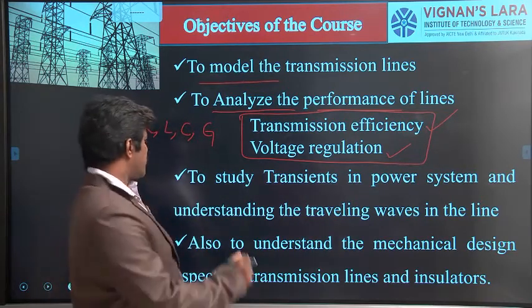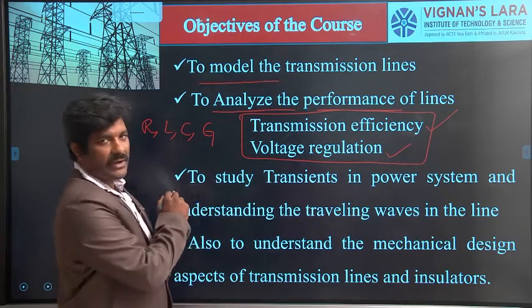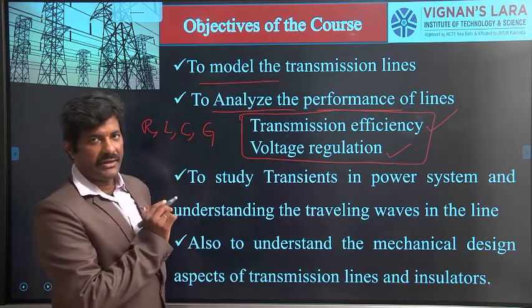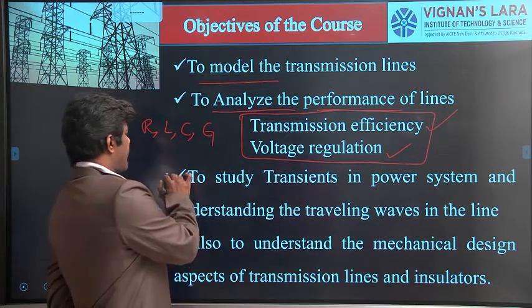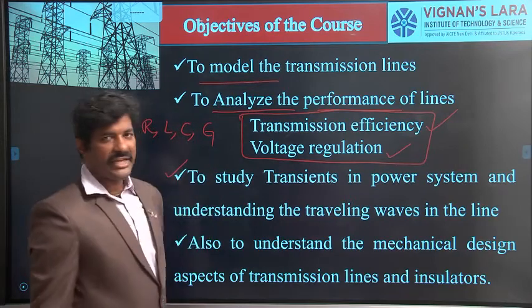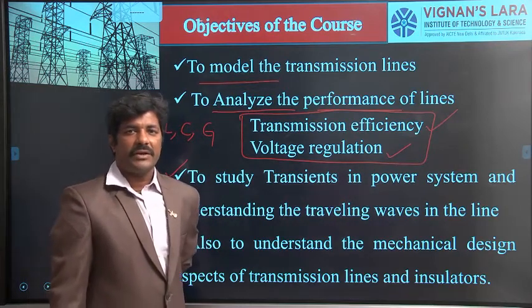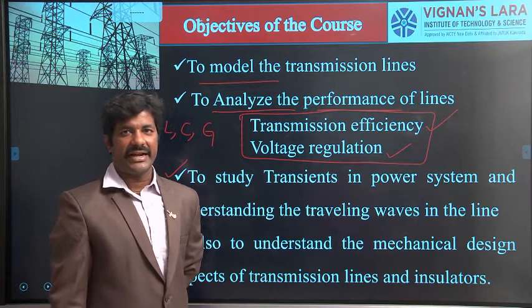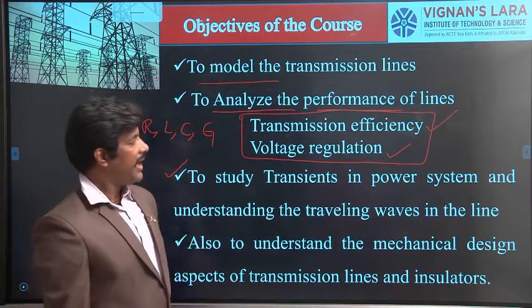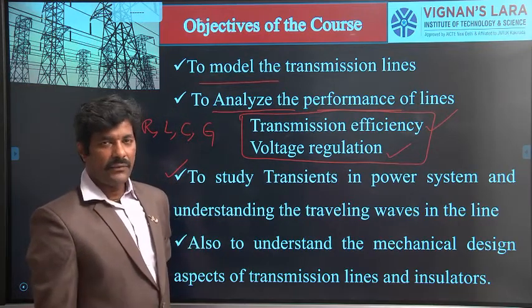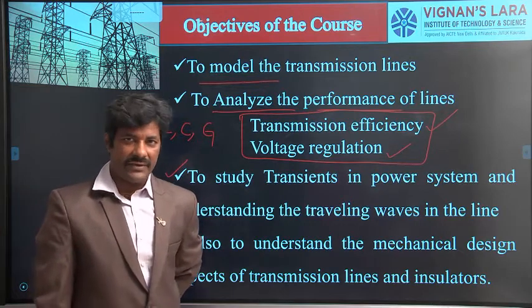And the third objective is, after analyzing the performance, we will put it in operation. Whenever it is placed in operation, we have to check the transient behavior of that power system line network at different conditions, switching operations and abnormal cases, with the help of the concept called traveling waves.